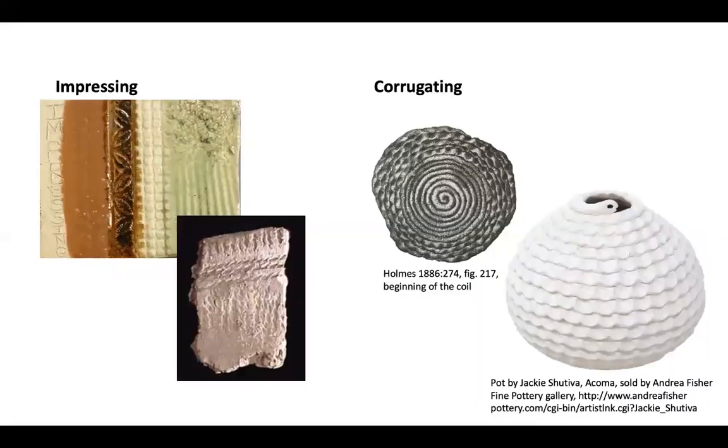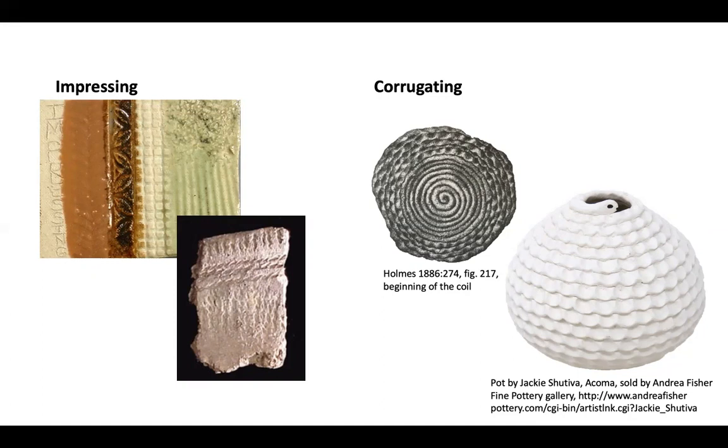Impressing. For impressing, the surface of the vessel has been stamped or marked and exhibits textures or designs. Look for negative indentations and impressions rather than cuts. You should see the same general pattern for the extent of the impression. You can impress using a paddle with some sort of texture.